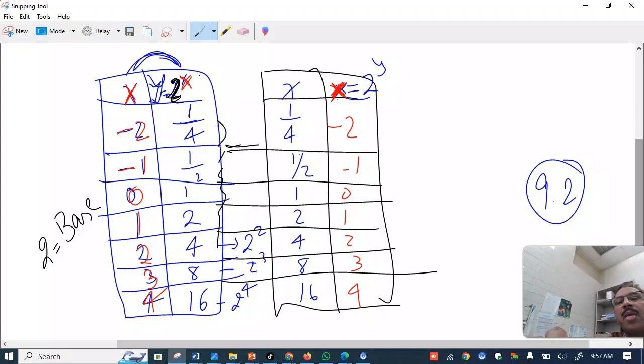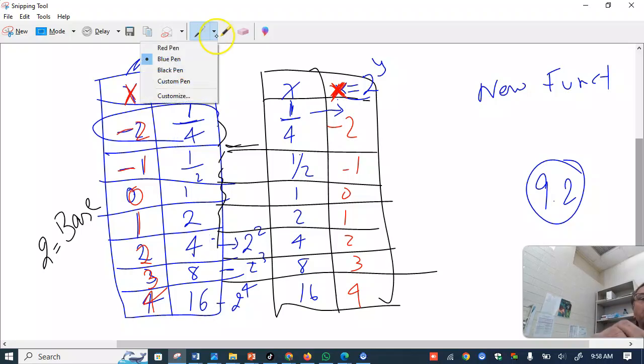But now you want to swap this and undo the thing. If this is 1/4, you get -2. But what is the new function? We want to create a new function here that takes you back.